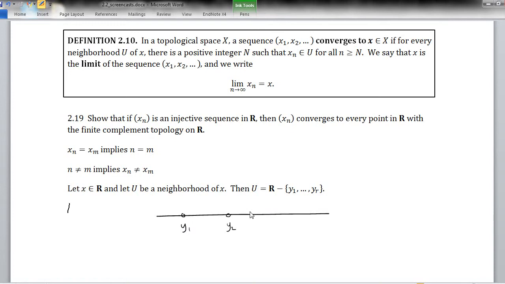I suppose I can assume I've written these down in order on the number line. And so on, and eventually y sub r. So that's what's missing from U. U itself is everything else in between.